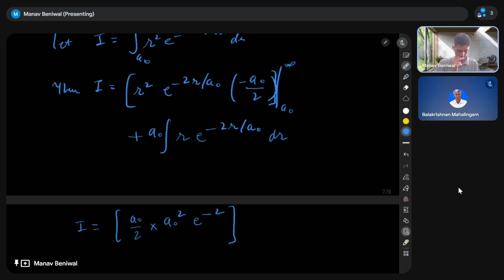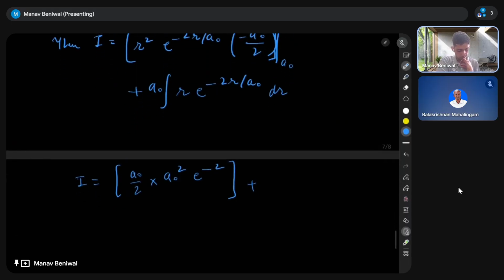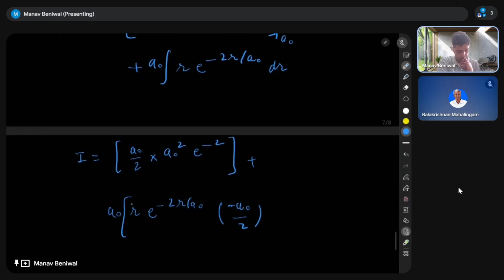Okay, and then plus, so again this term will give us a naught times r e to the minus 2r by a naught, and then multiply this by minus a naught by 2, right? And then put the limit again from a naught to infinity.